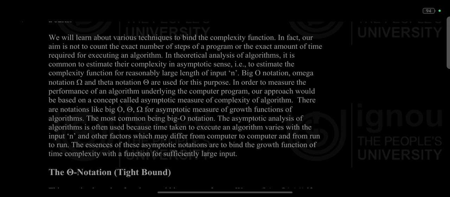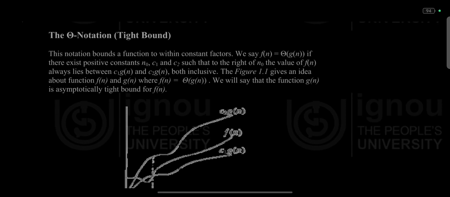The asymptotic analysis of algorithms is often used because time taken to execute an algorithm varies with the input n and other factors which may differ from computer to computer and from run to run. The essence of these asymptotic notations is to bound the growth function of time complexity with a function for sufficiently large input.